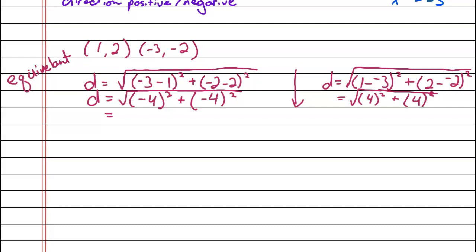Now, at this point, you could go all the way to the bottom, or you could say that this is 16 plus 16, and I'm taking the square root of that, so that's the square root of 32. Now, if I simplify the square root of 32, and some of you did this, that was 16 times 2, so that's going to be 4 square root of 2.